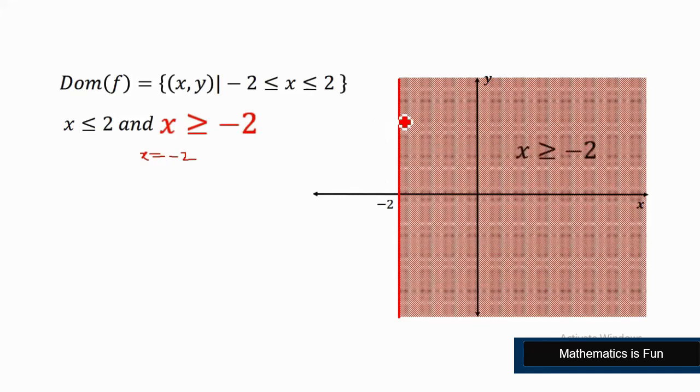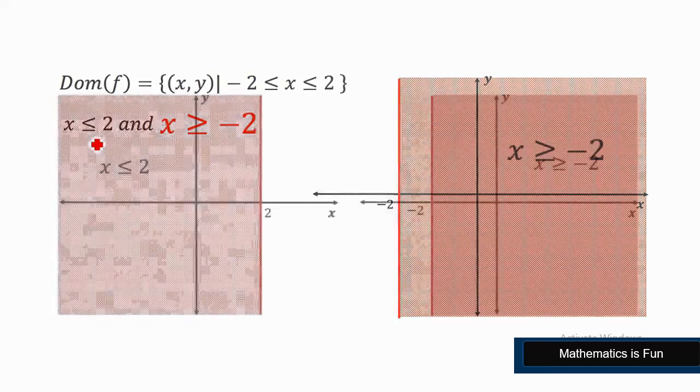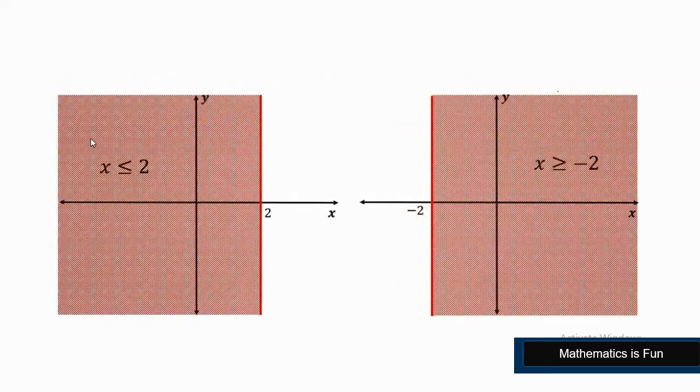So here is the region for this inequality. So now here I used the term and between these two inequalities. So and means there would be the intersection of these two inequalities. So let's take the intersection of these two regions.